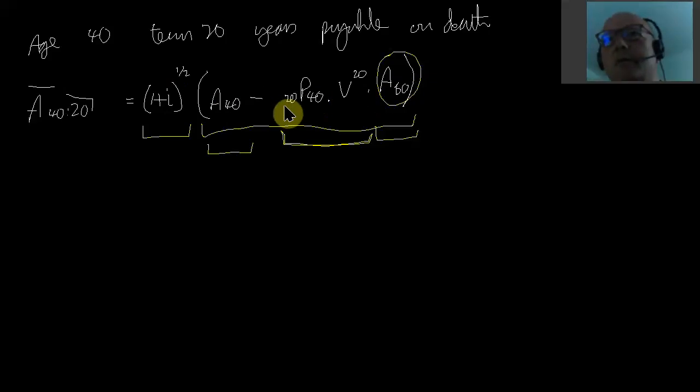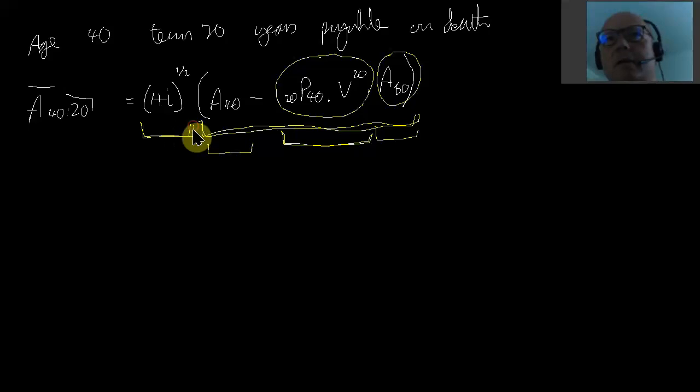This has to be pushed 20 years into the future. So you've got an assurance payable to a 40-year-old minus an assurance payable to a 60-year-old, discounted 20 years into the future, which gives you the temporary assurance, but that whole thing is to the end of the year.